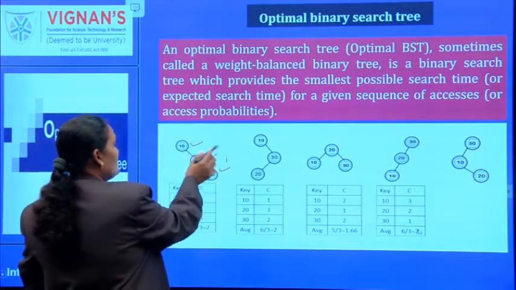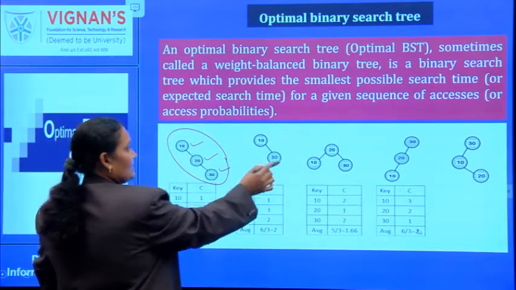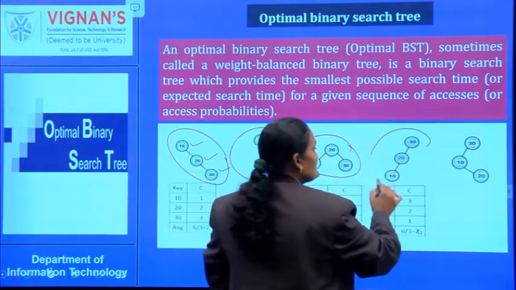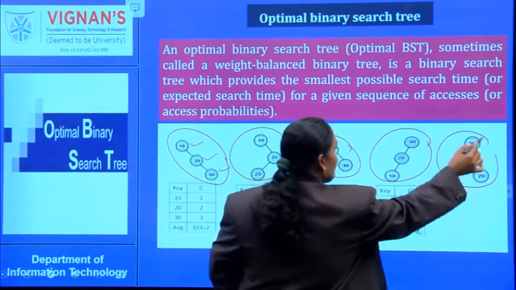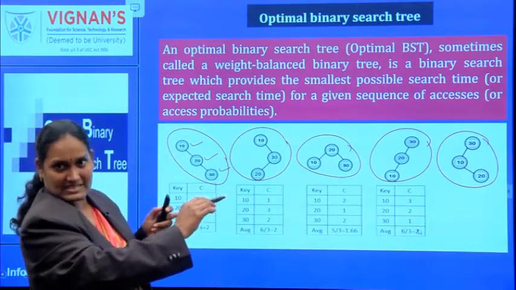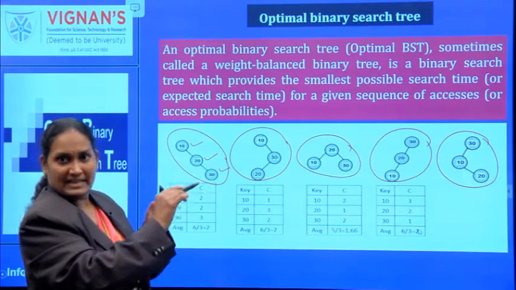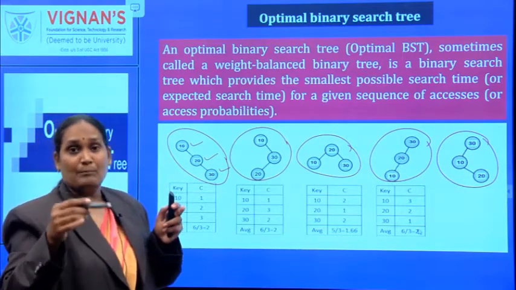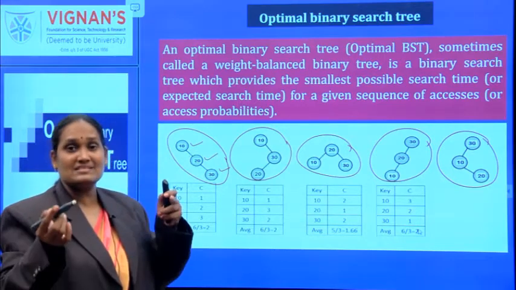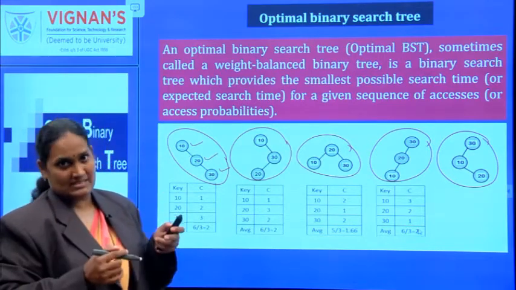Now here this is one binary search tree organization. This is another binary search tree. This is another, this is another, and this is another. Out of these 5 binary search trees, the one which completes the searching process in less time is called the optimal binary search tree.